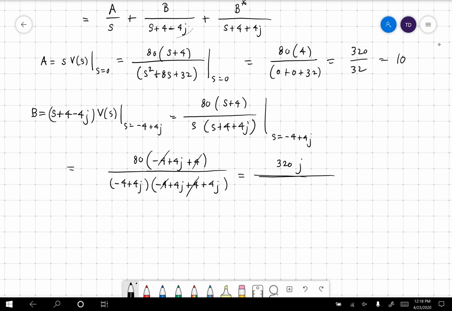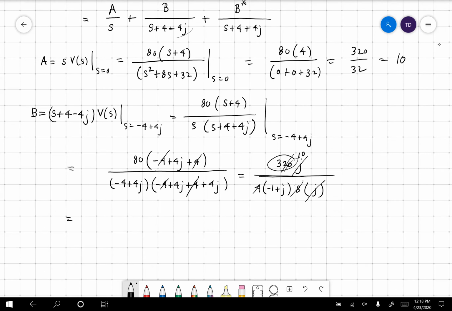In the denominator, I'm going to factor a 4 out. So here's a 4 times minus 1 plus J. And then here I have 4J plus 4J. That's 8J. I'll factor that 8 out, 8 times J. Cancel that. This 32 cancels with this 320 here and gives me 10.